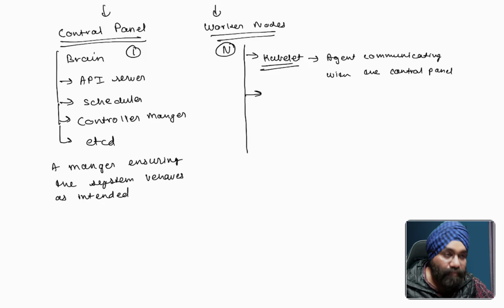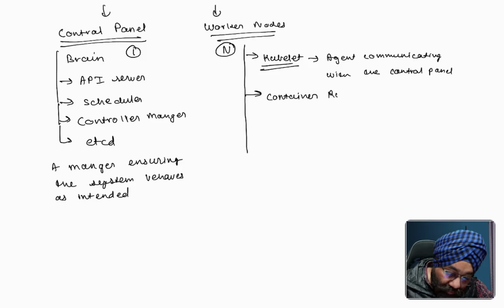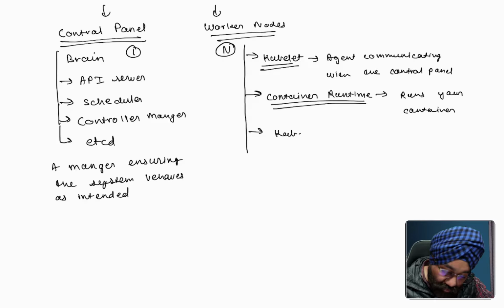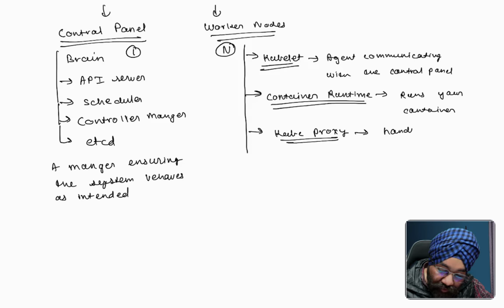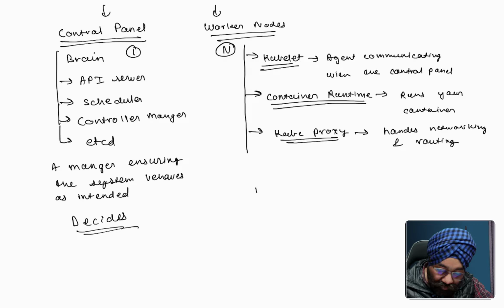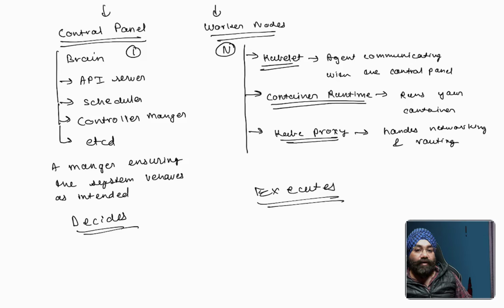Then there is the container runtime. This runs your container. Then there is kube-proxy. It handles networking and routing. So the control plane decides and the worker node executes what the control plane has decided. We will learn about more concepts in the upcoming video.